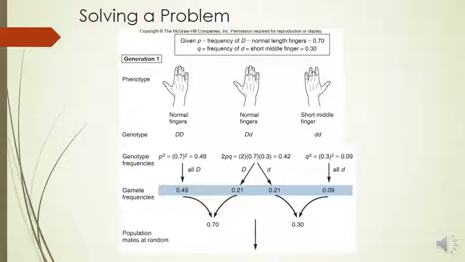Since homozygous recessive dd equals q squared, then q equals 0.3. Since p plus q equals 1, knowing that q is 0.3 tells us that p is equal to 0.7.